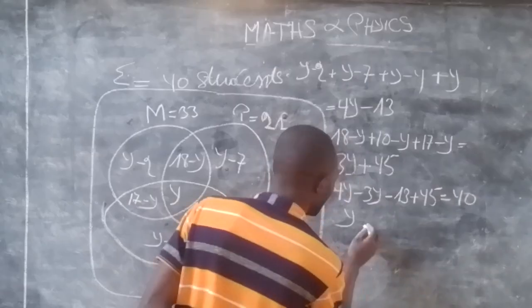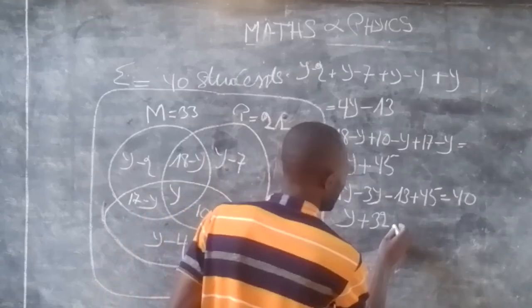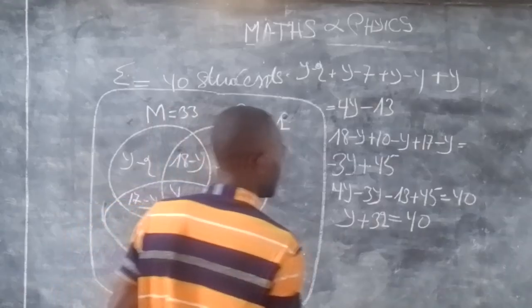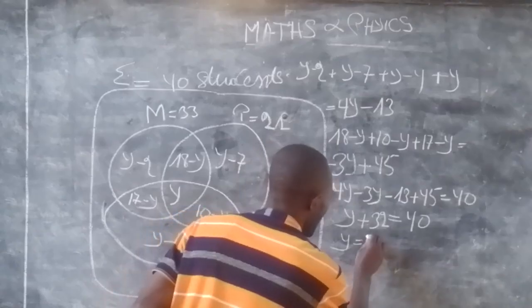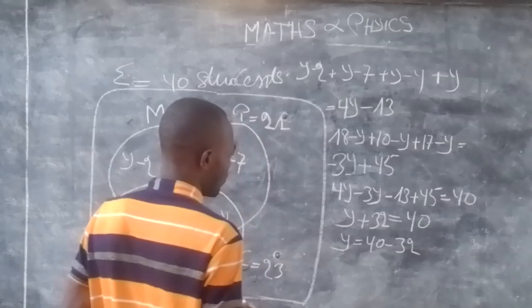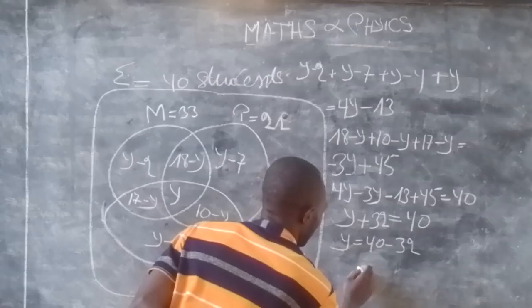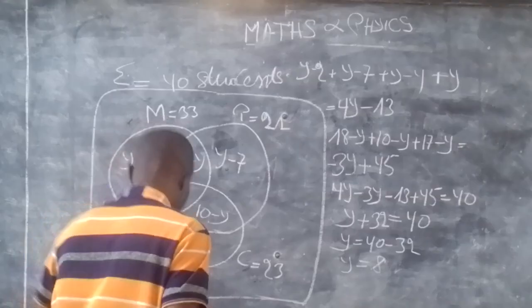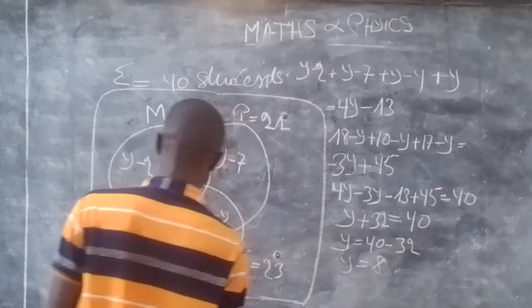Here we have y positive 32, equal to 40. So here our y will be equal to 40 negative 32. Our y will be equal to 8. This is the number who participates in all three subjects.